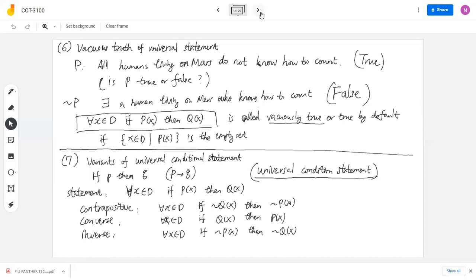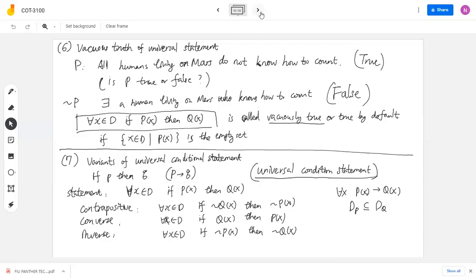For the universal conditional statement, for all x, if P(x) then Q(x), what this is saying is that the truth set of P is a subset of the truth set of Q. That means such a statement is actually a set relation, a set property. But the existential conditional statement doesn't have such a nice and useful set inclusion property, so we don't care too much.